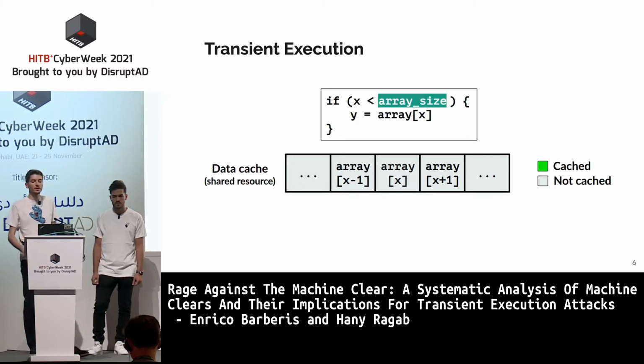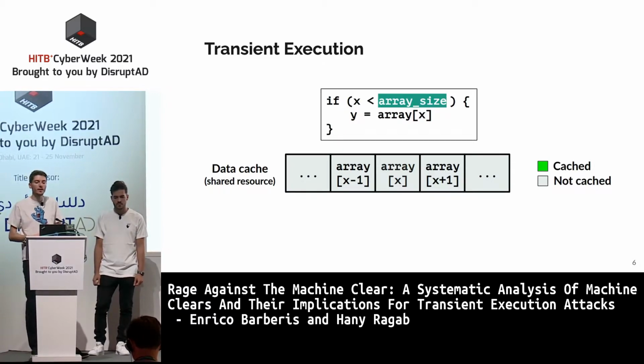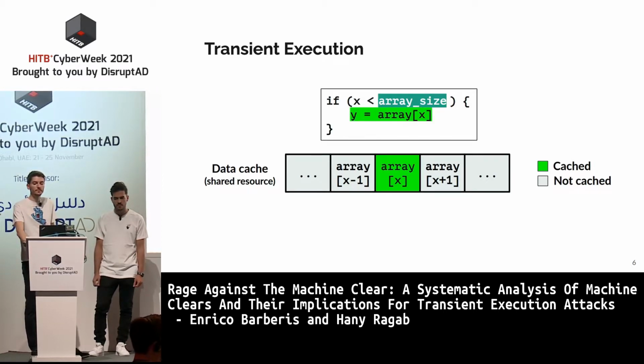And let's suppose that the array size, for example, is coming from a long memory operation and is not available immediately. The processor will prefer to speculatively execute the inner code of the branch to optimize the execution speed. So the processor is betting that the branch will be taken and the memory access will be executed.